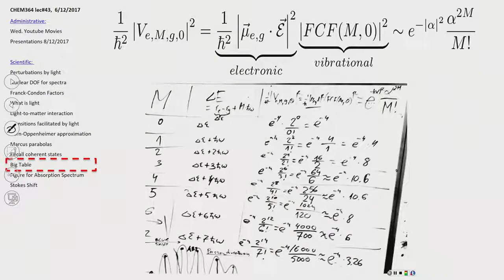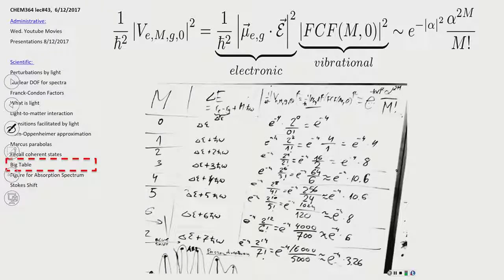First, when m is small, the function will grow because it is alpha to the power 2m. The maximum will be about 10. But then, with larger values of m, it will start to decrease because m factorial is stronger than the power function. So those are the Franck-Condon factors that modulate the intensity of the spectral transition.